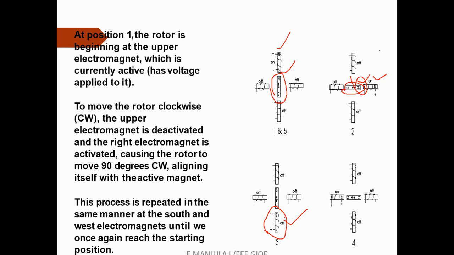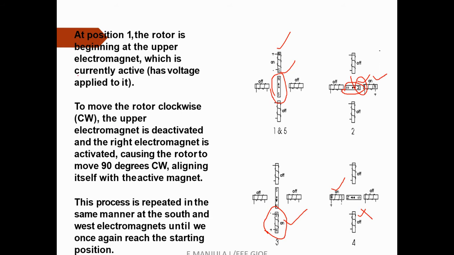So we need to analyze and give the supply in such a way. Next, the fourth coil will be on and this coil will be off. Likewise, each and every coil will be on step by step and off step by step.